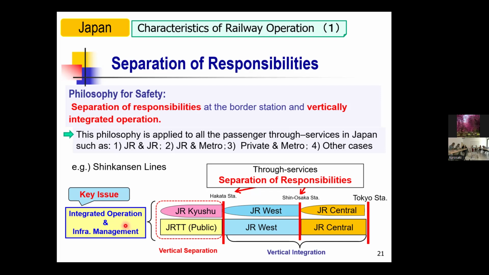And this kind of through train services, by separating the operational responsibilities at the border stations, are applied to any other type of through services in conventional lines as well, such as between JR and Metro and private railways and other cases.